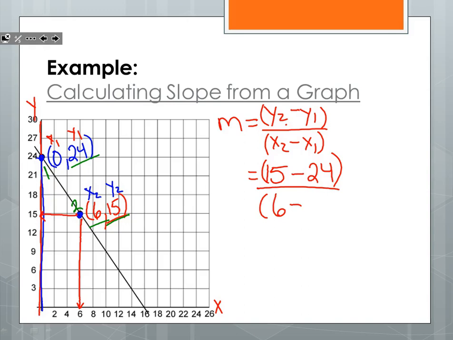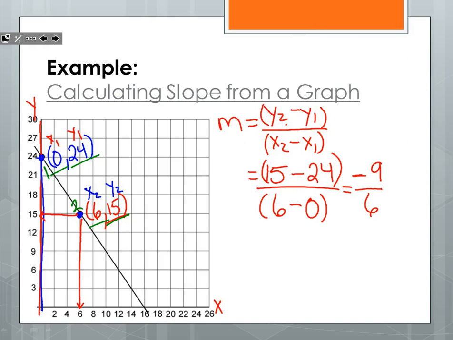And then subtract my x sub 1, which is 0. So now, you might need a little calculator here. 15 minus 24. Because I have a bigger number second, I know that it's going to be a negative. So 15 minus 24 is negative 9, all over 6 minus 0, which is 6.